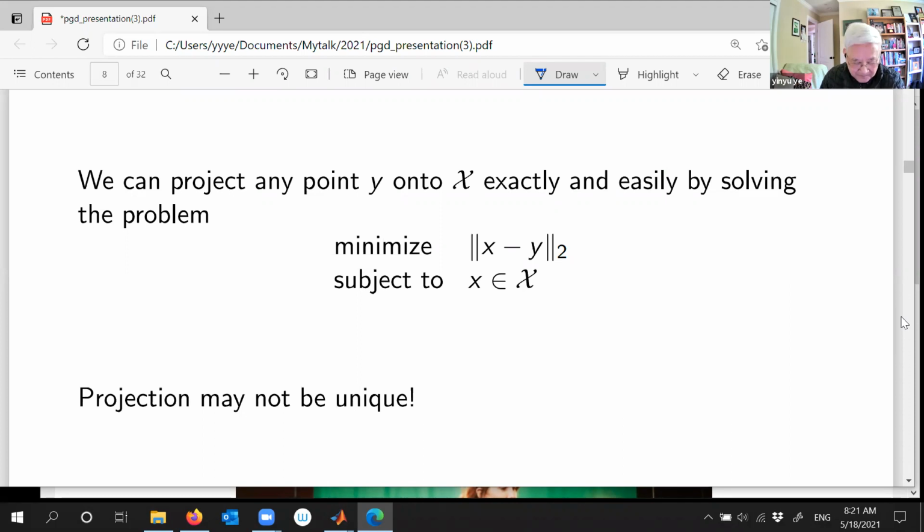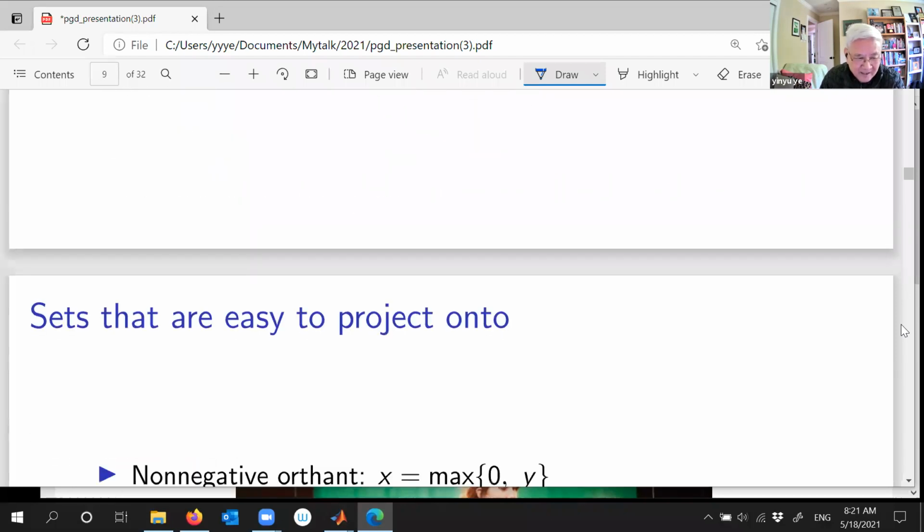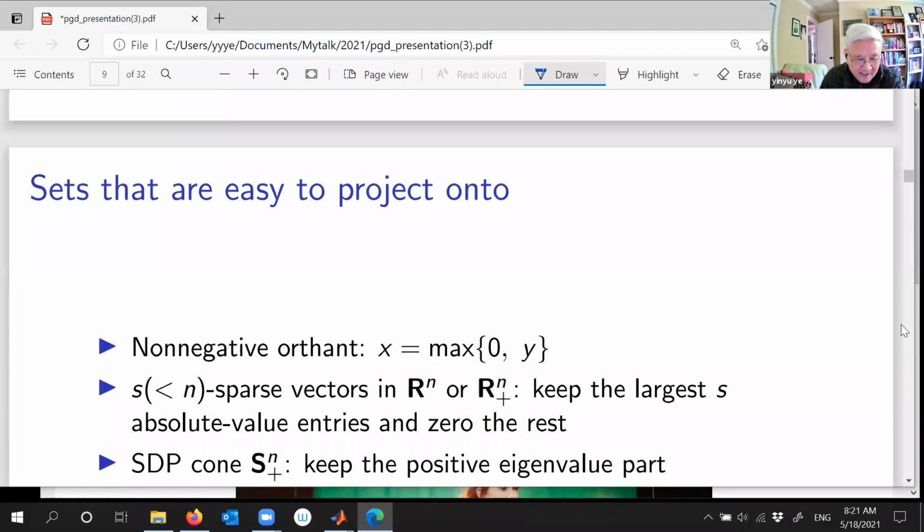If this set is a convex set, of course, this becomes a convex optimization problem. However, there are also many times when this set is not convex, but the problem can still be done very fast. Let me give you several examples.